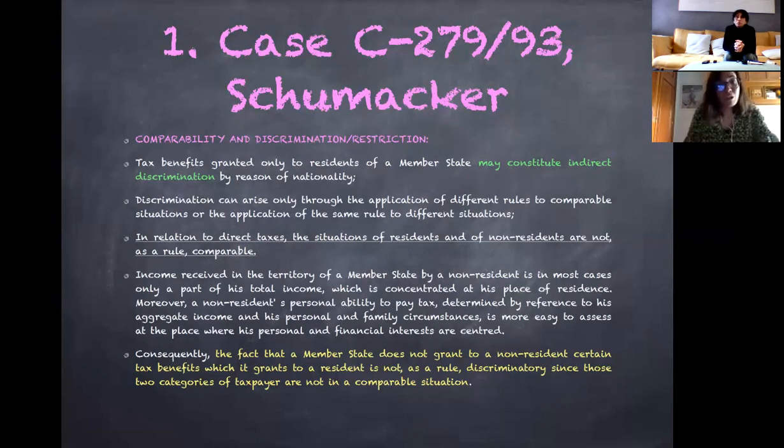As we all know, discrimination arises when one member state, in the case of the European Union, applies different rules to comparable situations. This discrimination or this restriction occurs when we apply different regulation for comparable situations.